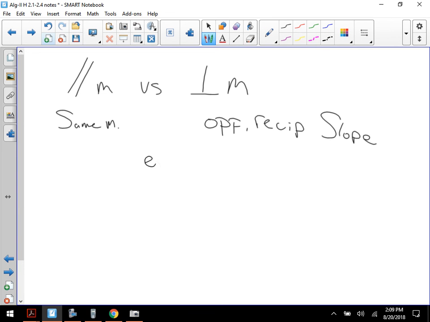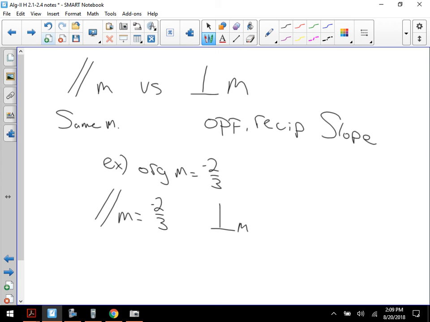For example, if your original slope was equal to negative 2/3, what's parallel to negative 2/3? Negative 2/3, good. Okay. What's perpendicular to negative 2/3?